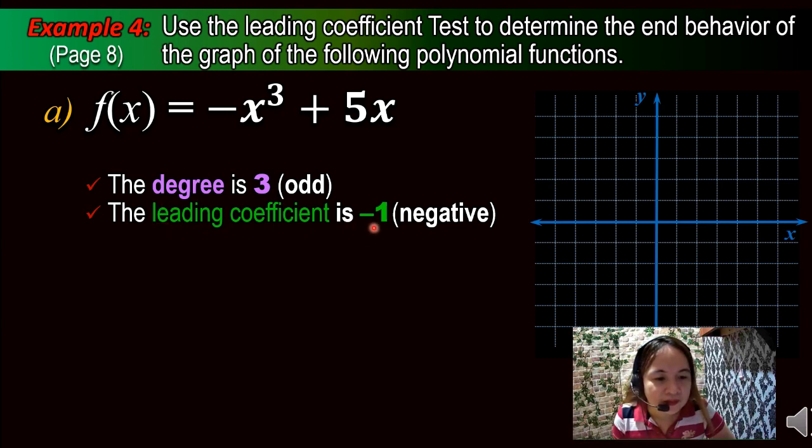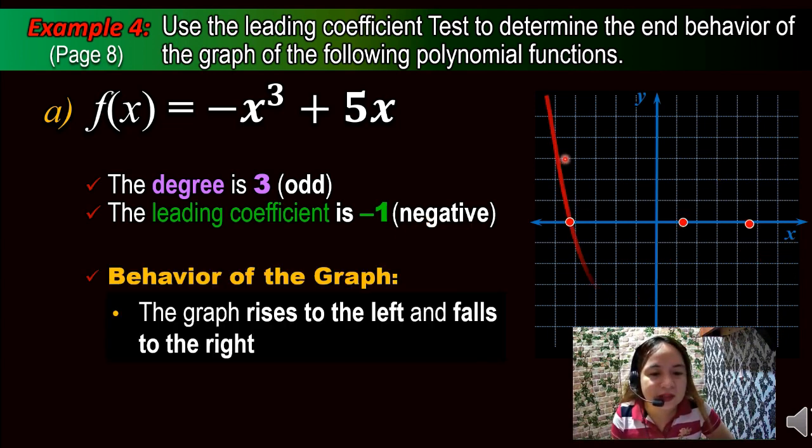Ang leading coefficient niya ay negative 1. So, ibig sabihin, ang tatandaan nyo lang, odd negative. So, kapag odd negative, ano kaya ang itsura ng graph niya? Rises to the left and falls to the right. So, tatandaan, kapag odd negative, rises to the left and falls to the right.